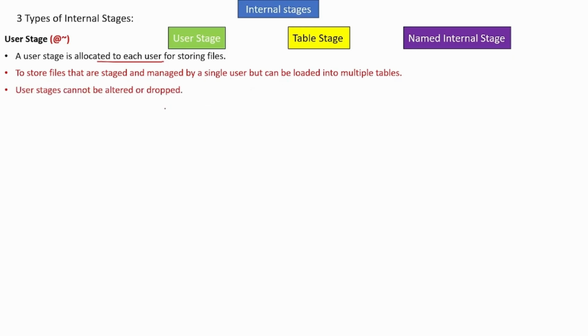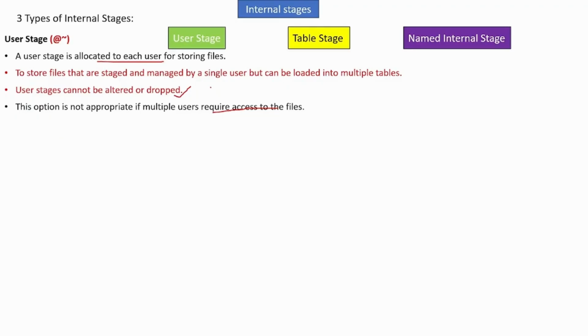User stages cannot be altered or dropped. This is very important. This option is not appropriate if multiple users require access to the files. A single user can stage and manage the files, but multiple users cannot manage the same file which is staged by some other user. It can be used to load multiple tables.